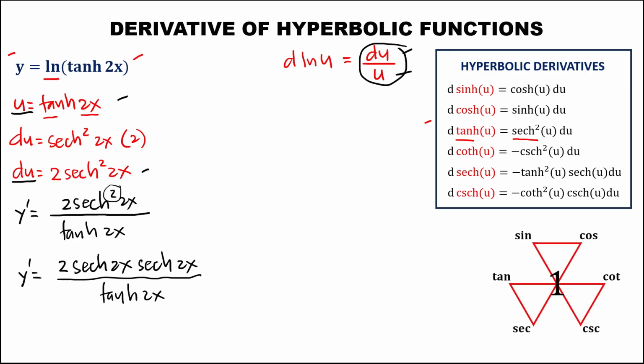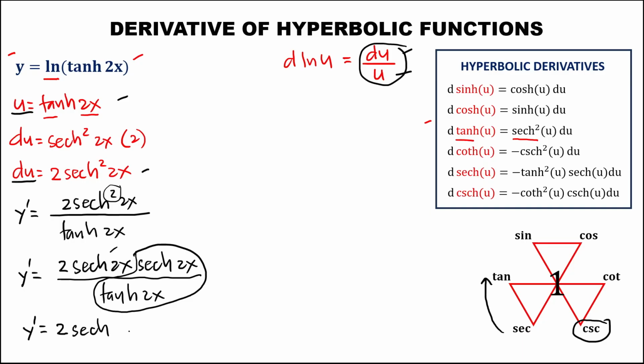Then we can use this identity that secant over tangent is equal to cosecant. So therefore this becomes y prime equals 2, then bring down this hyperbolic secant 2x. Then for this secant over tangent, use this identity, so this is equal to the hyperbolic cosecant 2x.